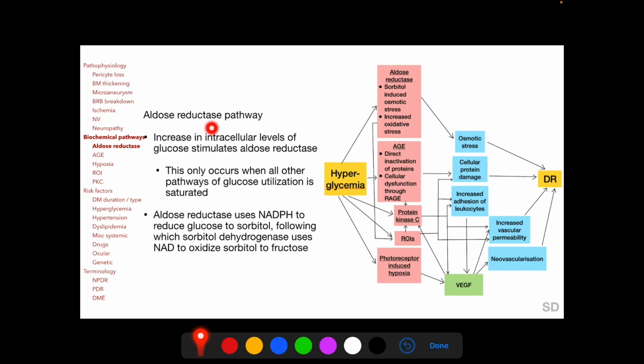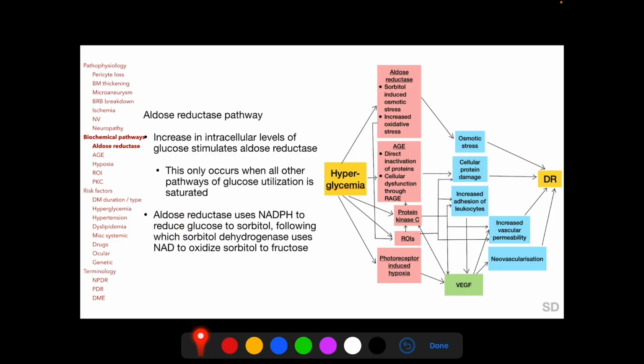In the aldose reductase pathway, an increase in intracellular levels of glucose due to chronic hyperglycemia stimulates aldose reductase, but the stimulation of aldose reductase occurs only when all other pathways of glucose utilization within the cell have been saturated.